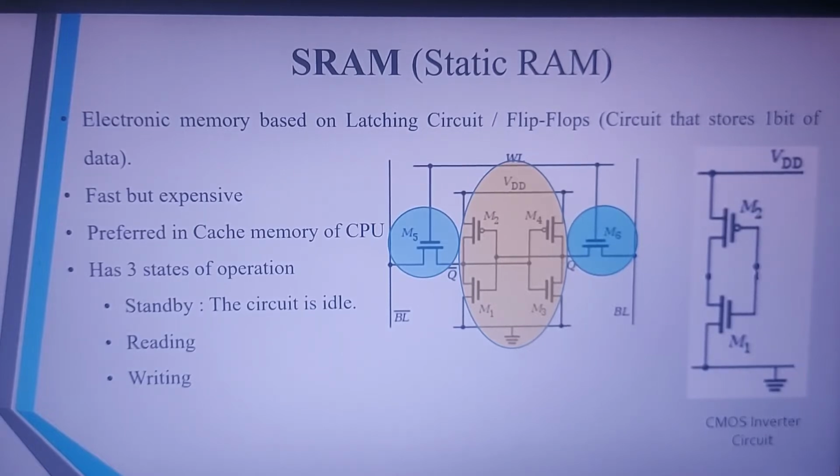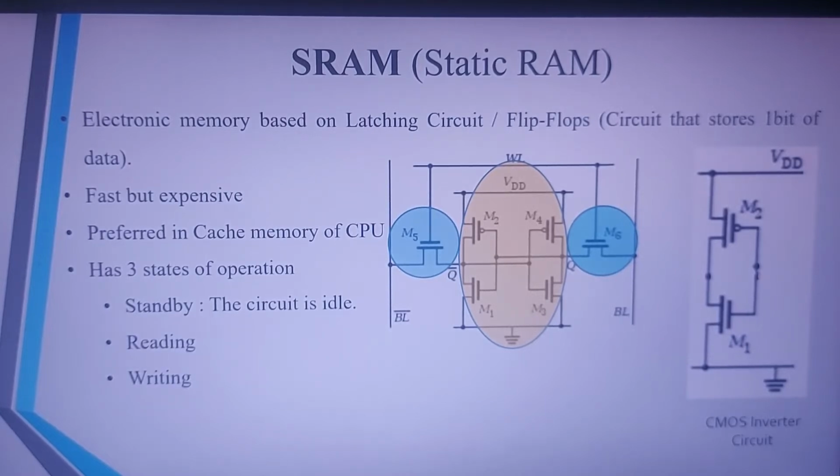These cross coupled latches actually store the data, the bit of information. Whereas the blue circles, transistors M5 and M6, are called access transistors. That means they will be used for accessing the data stored in the cross coupled latch.